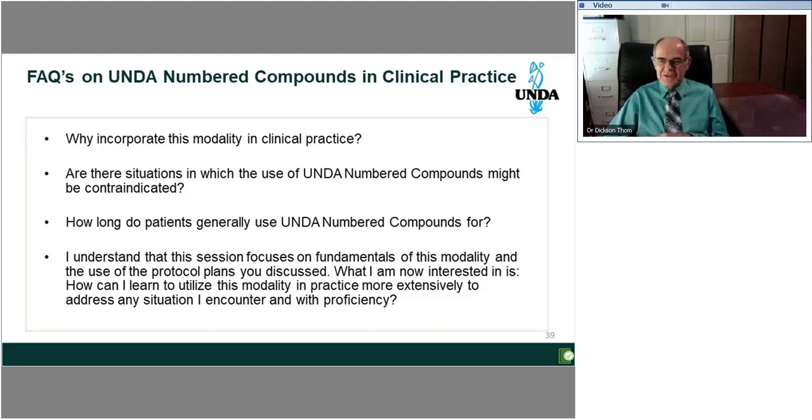Common question is, how long do patients generally use UNDA numbered compounds for? Depends on the reason that they're coming in. If it's acute, they'll use them for less than a week. If it's a chronic problem, if somebody has an autoimmune disease, a gentleman a few weeks ago came in, he's 66. He started having rheumatoid arthritis symptoms in his teens.